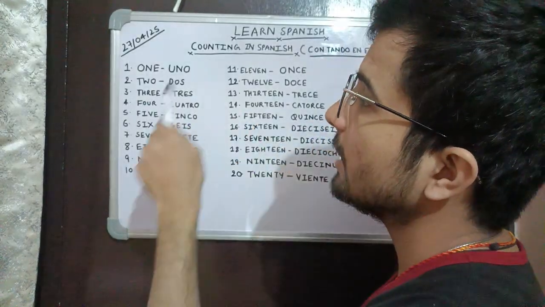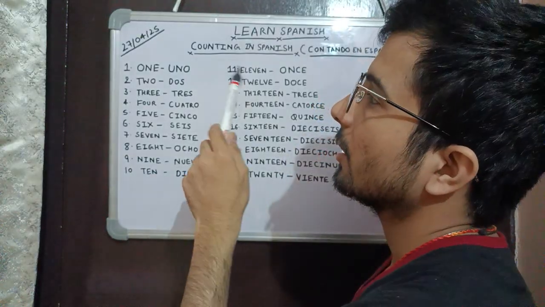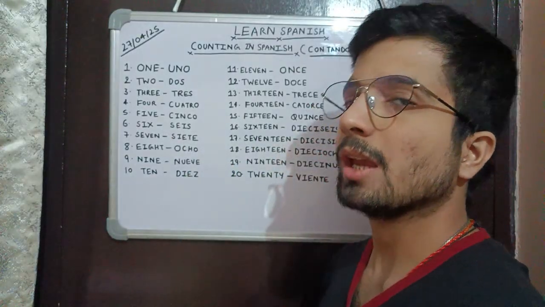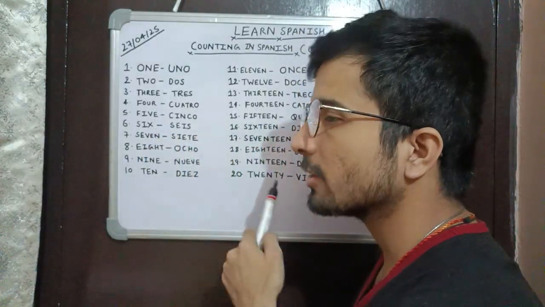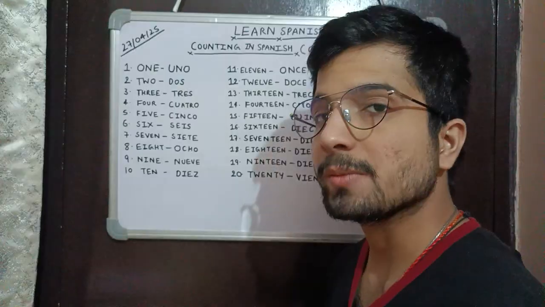So friends, these are the counting numbers, what we call number names in English. They are called number names in Spanish too.